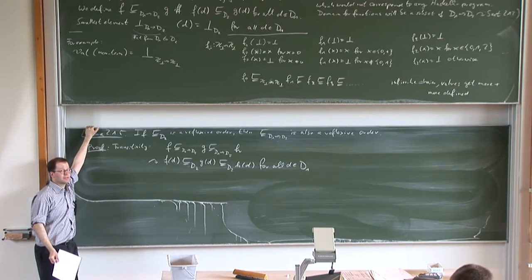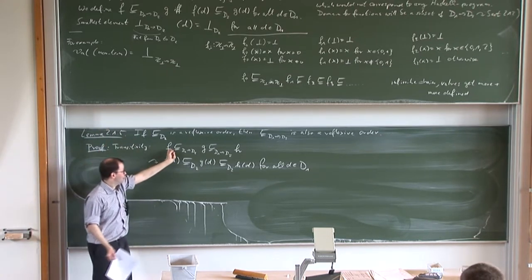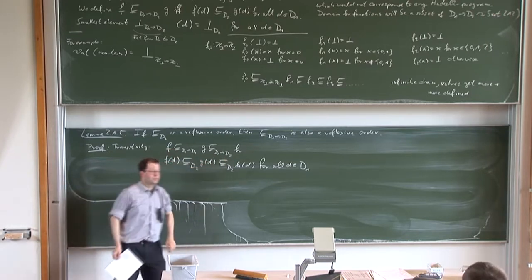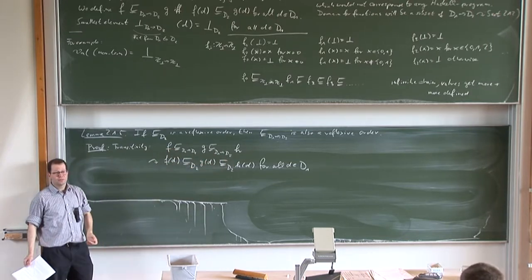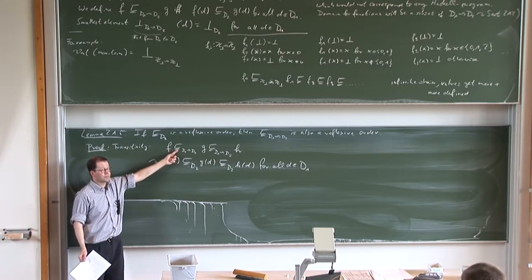Okay, and do you have an idea how to continue? We want to show that F in the end is less or equal than H. So we want to prove that this relation here is transitive.